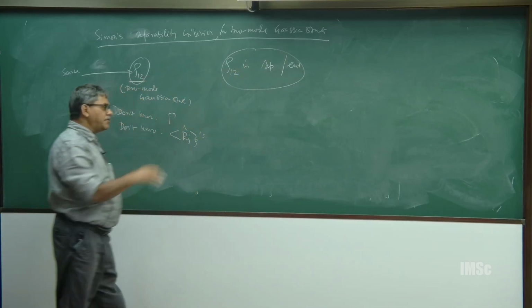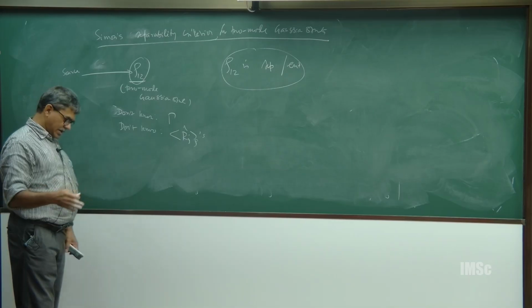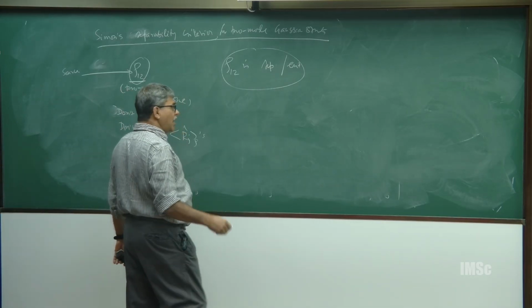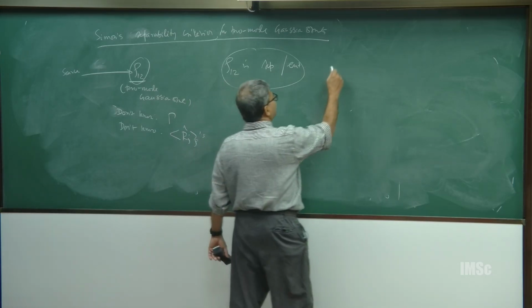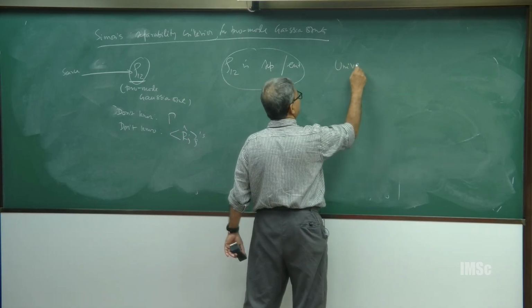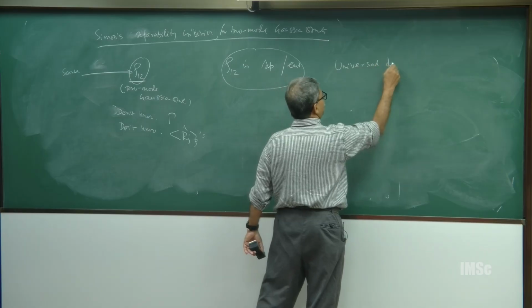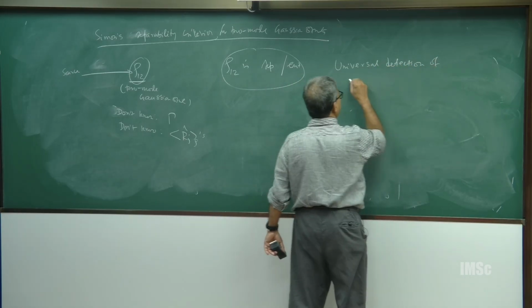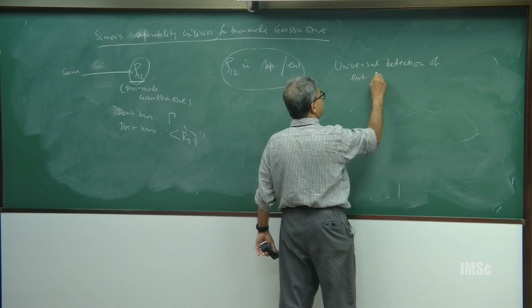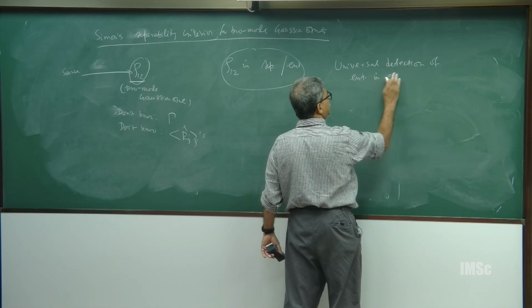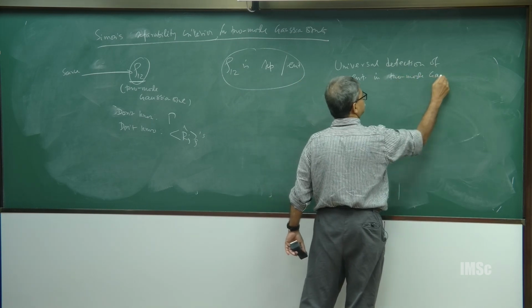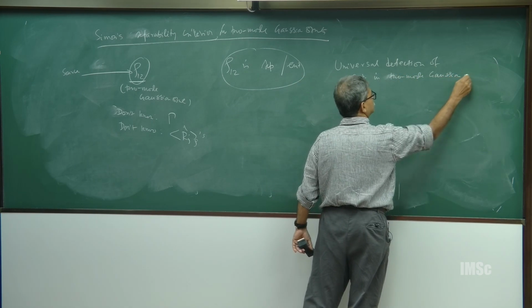and this is mostly interferometry based. Some nonlinear gadgets we will have to use, and this is why you can call it universal detection of entanglement in any 2 mode Gaussian states. Okay.